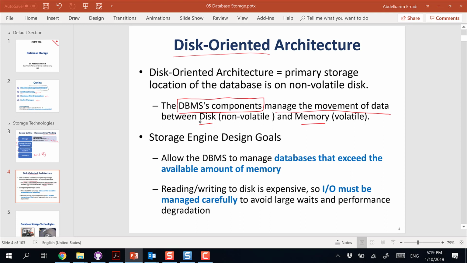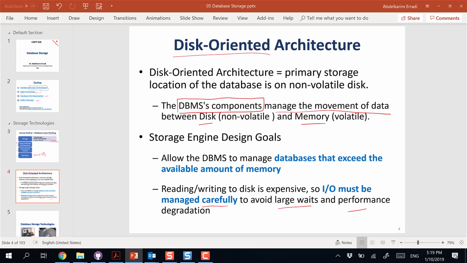We first need to bring it from disk to memory, and then from memory, that's where we store the program and the data we want to manipulate. Now we have to do it in a very smart way and a careful way. Otherwise, we will end up with large waits, or we will introduce delays, or we might have performance degradation. And I will explain why.